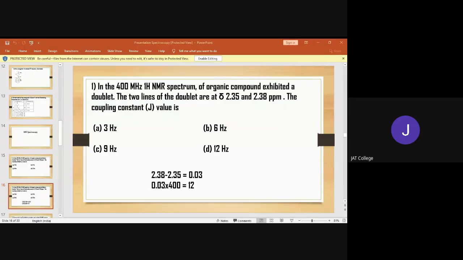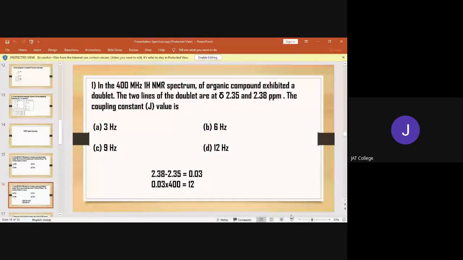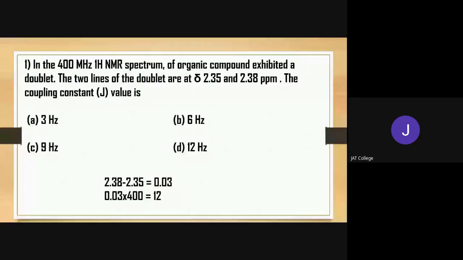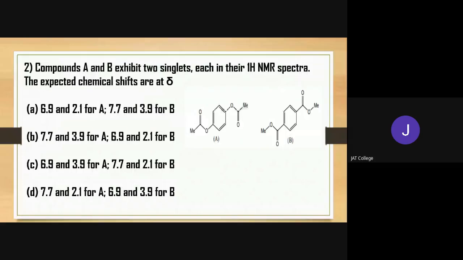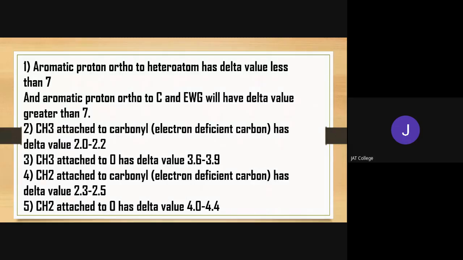Okay. Now after that, take another question. Compounds A and B exhibit two singlets each in their 1H NMR spectra. The expected chemical shifts are at delta. Now first of all, see this slide.